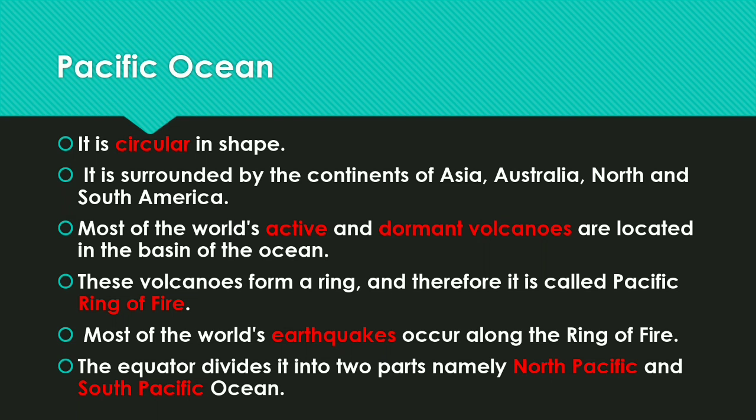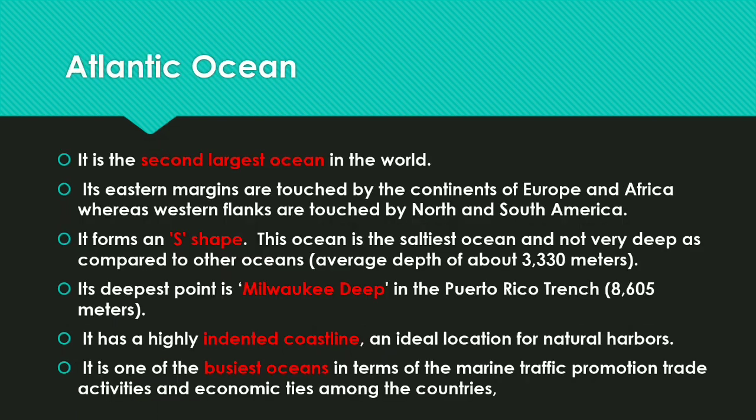The equator divides it into 2 parts, namely North Pacific and South Pacific. Now, another ocean, Atlantic Ocean. It is the second largest ocean in the world. Its eastern margins are touched by the continents of Europe and Africa, whereas western flanks are touched by North and South America.